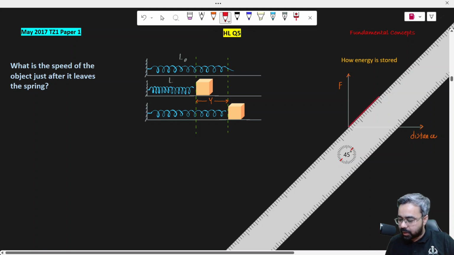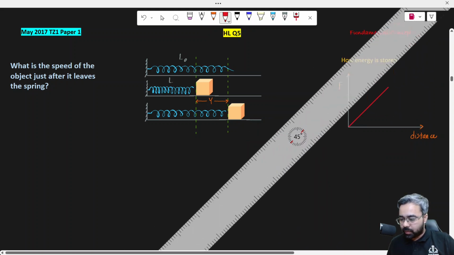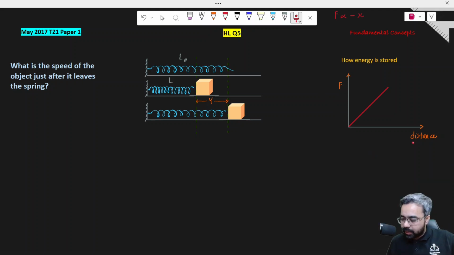Remember that I'm just taking the magnitude of the force as well as the distance. Otherwise, according to Hooke's law, you know very well that F is equal to negative kx. So that should be a straight line like this, and this distance here represents the compression distance of the spring, that is, how much you have compressed the spring.